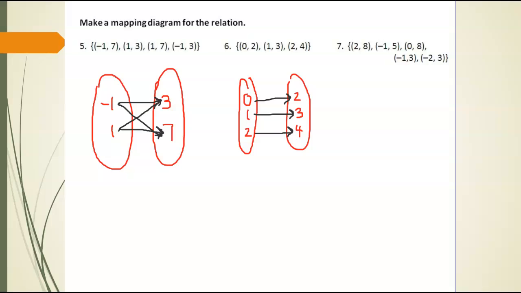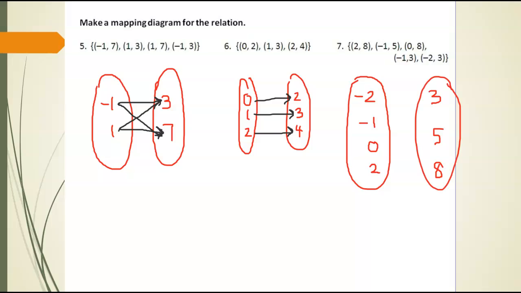Okay, and then in number 7, our domain is -2, -1, 0, 2. My range is 3, 5, 8. 2 maps to 8. -1 to 5. 0 to 8. -1 to 3.